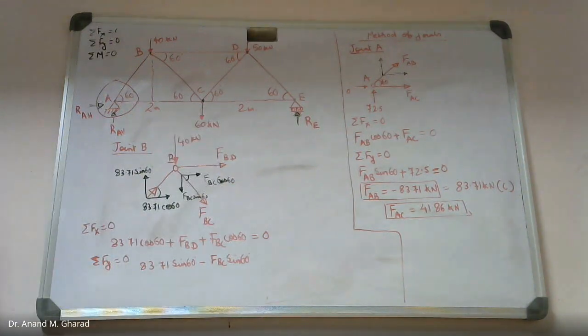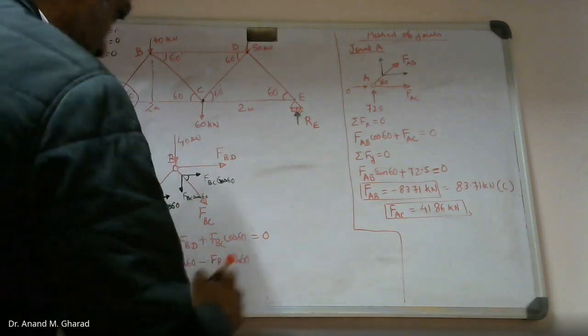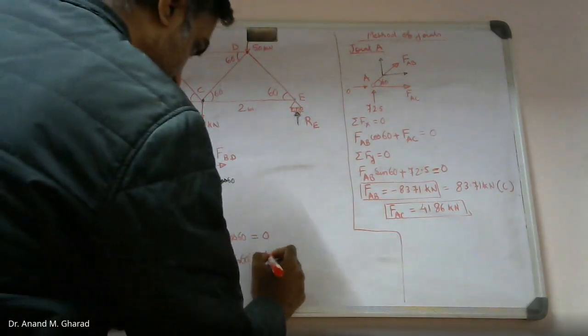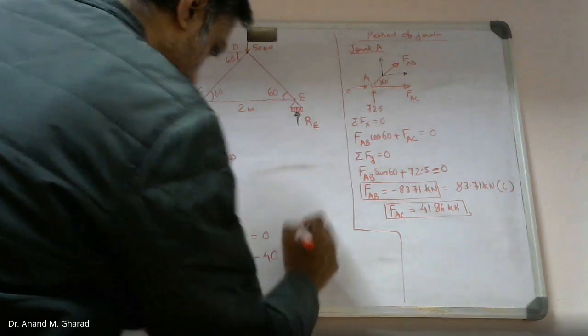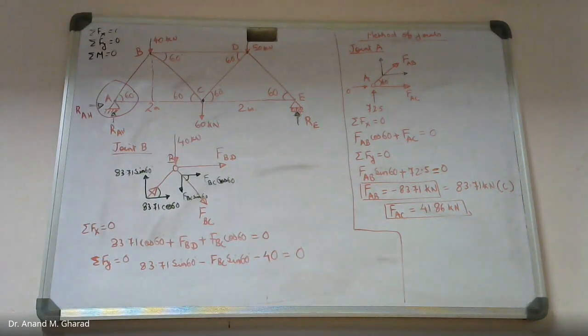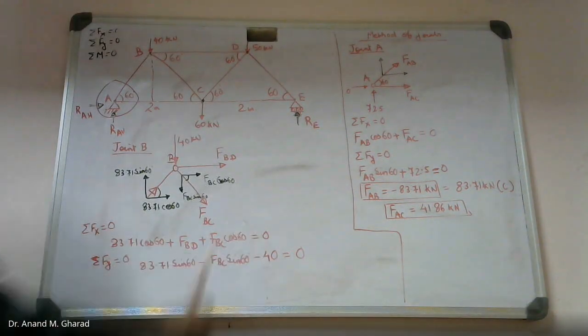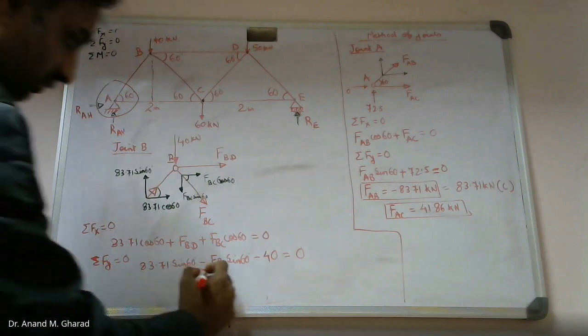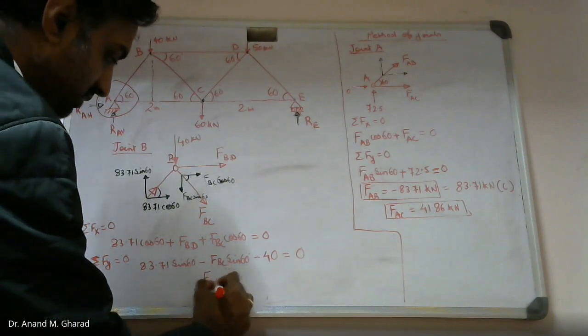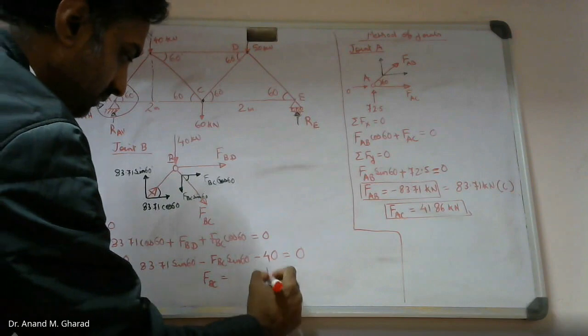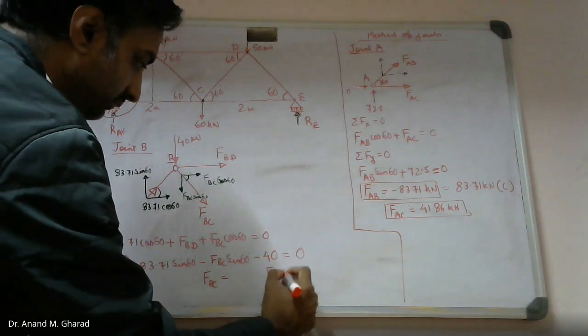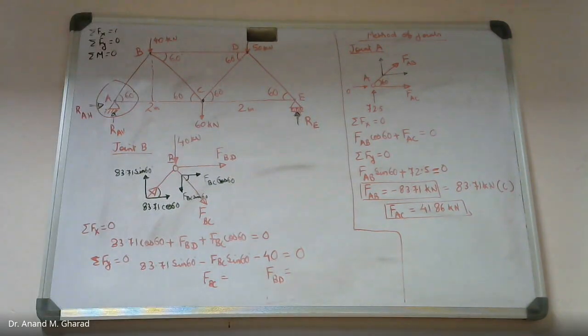Free body diagram should represent all the forces. So this is 40 kilonewton, which is acting in the negative y direction, equated to 0. You solve these two equations and please find out the values for FBC and similarly FBD.